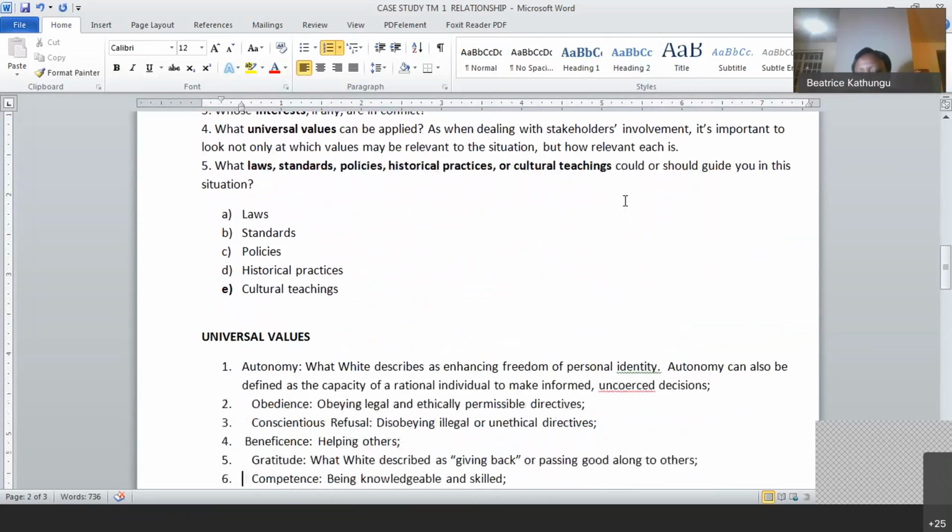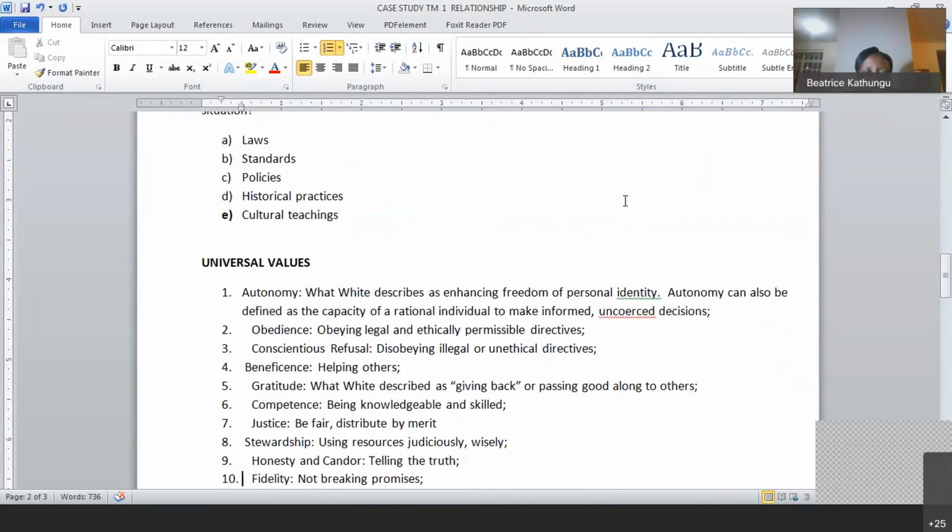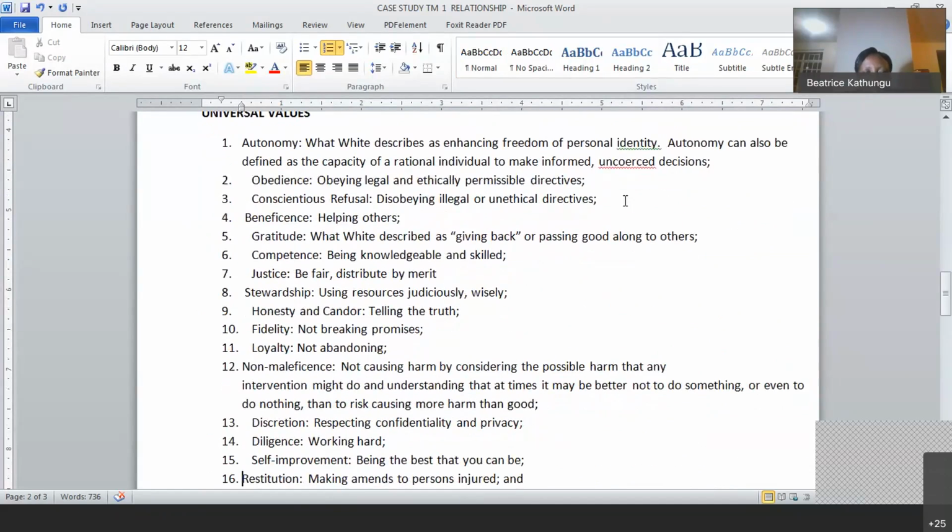So client welfare is standard number one of principle number one of the counseling relationship. Let's look at the universal values that apply. I think Fatima talked about beneficence. Is there any other here that you think applied to this case of Zaina? Any other?